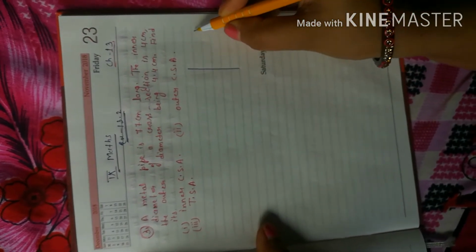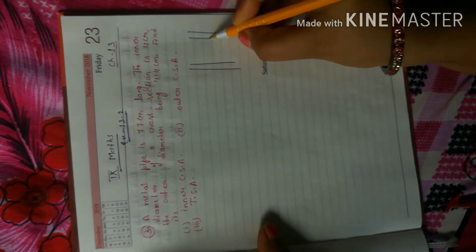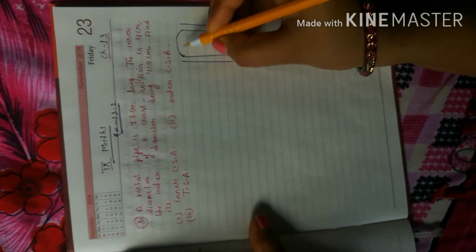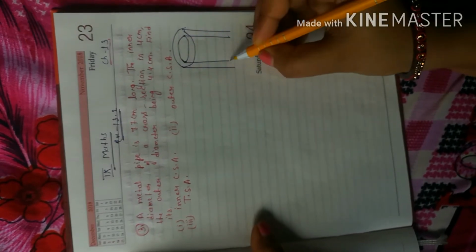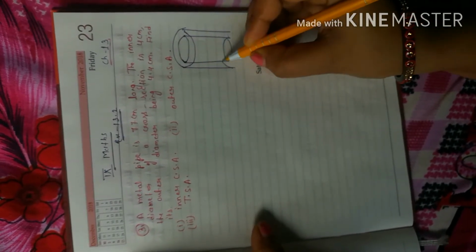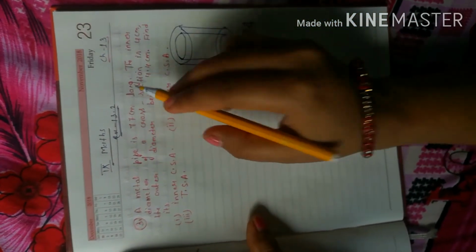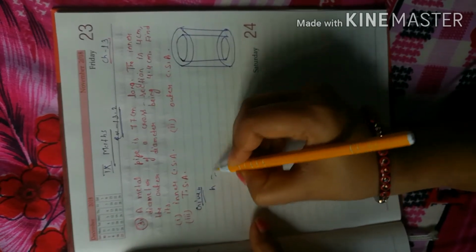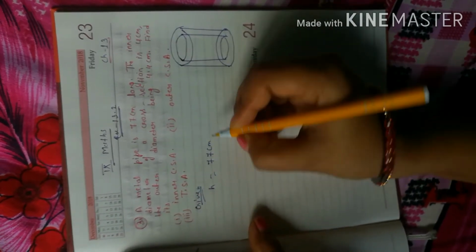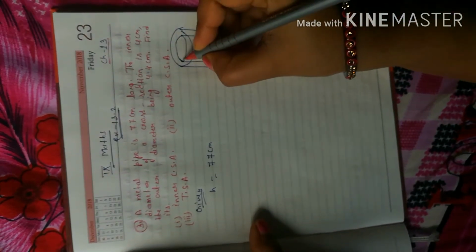Suppose it is a metal pipe. In the question, given length or height, you can write given height equal to 77 centimeter. The inner diameter means we can take this part.